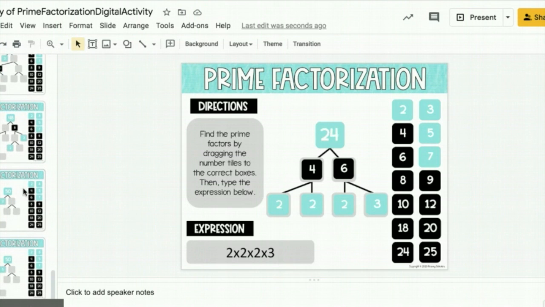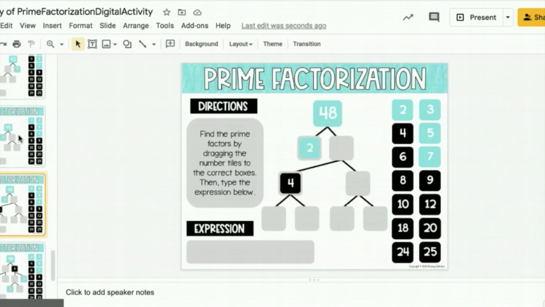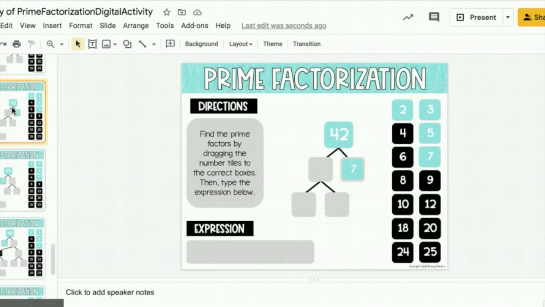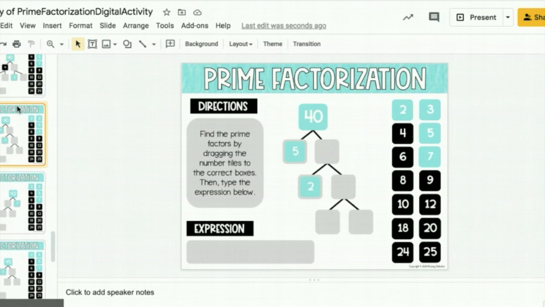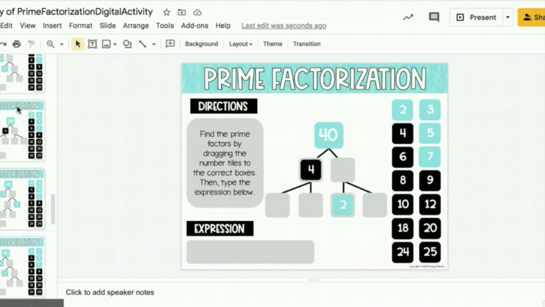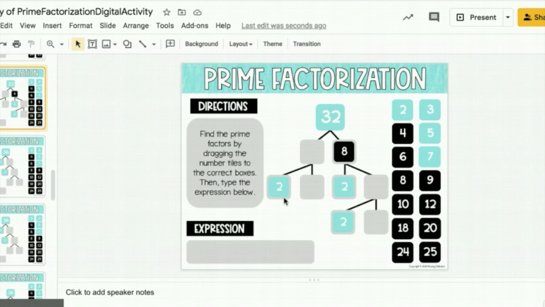Some numbers will get a little bit bigger, like 50. So you might need to be making t-charts in order to figure out different ways that you can multiply to get these numbers. So make sure that you are using a multiplication chart. Make sure you are showing your work. You might want to grab a sheet of paper and maybe make your factor trees along with the activity, whatever helps you out.